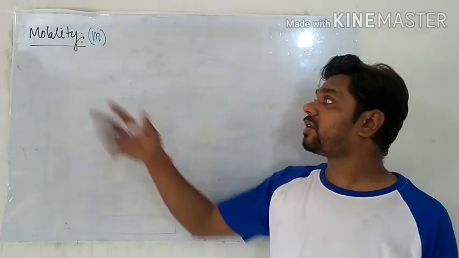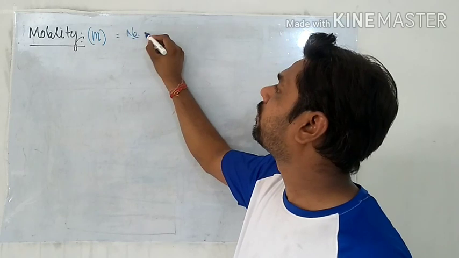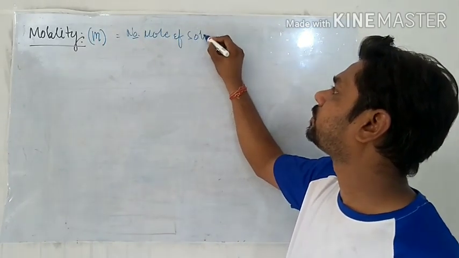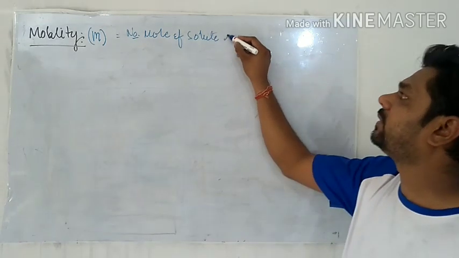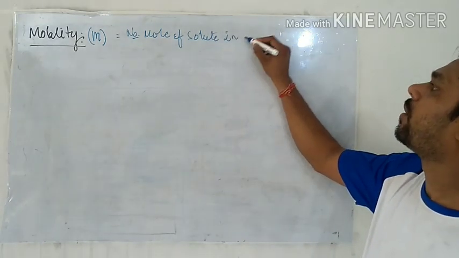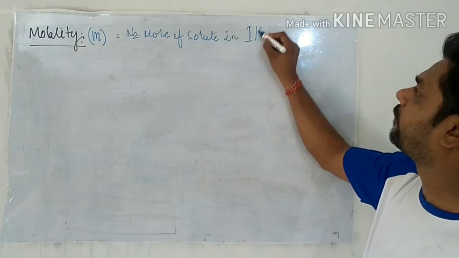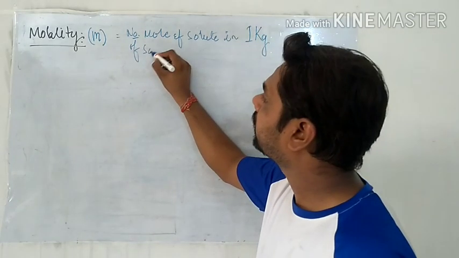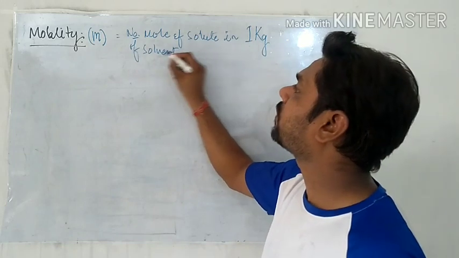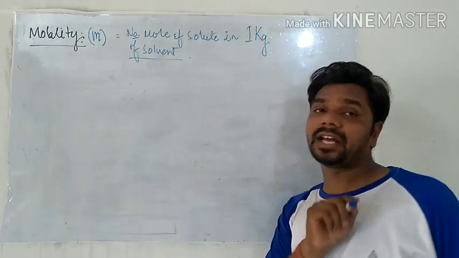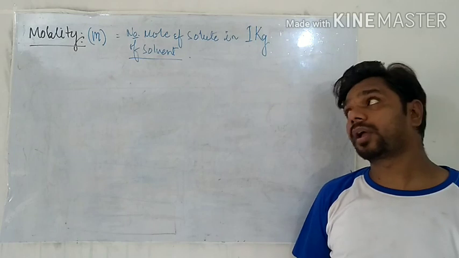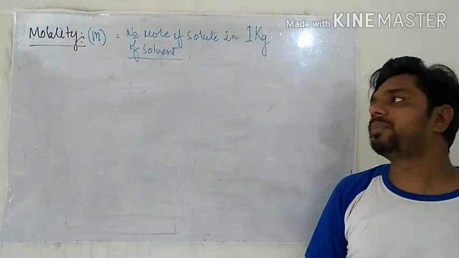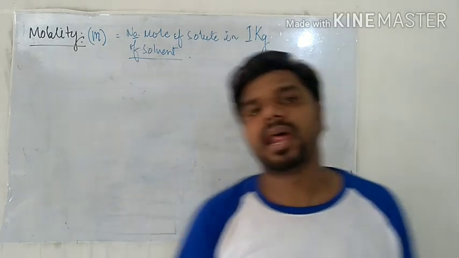Molality refers to the number of moles of solute present in 1 kilogram of solvent. In terms of molarity, we are taking 1 liter of solution. Here we are talking about 1 kilogram of solvent. So this is the difference between molarity and molality.